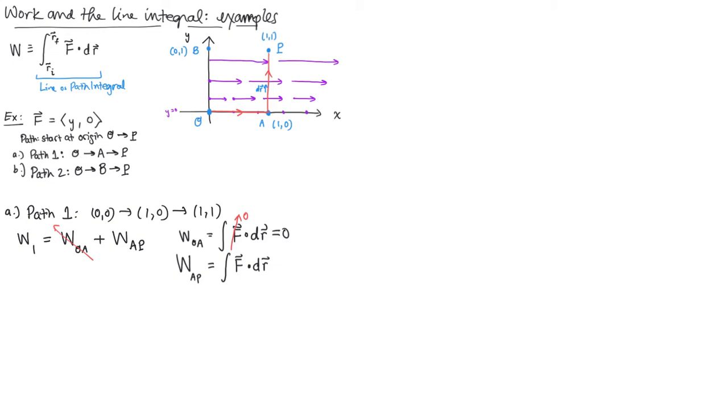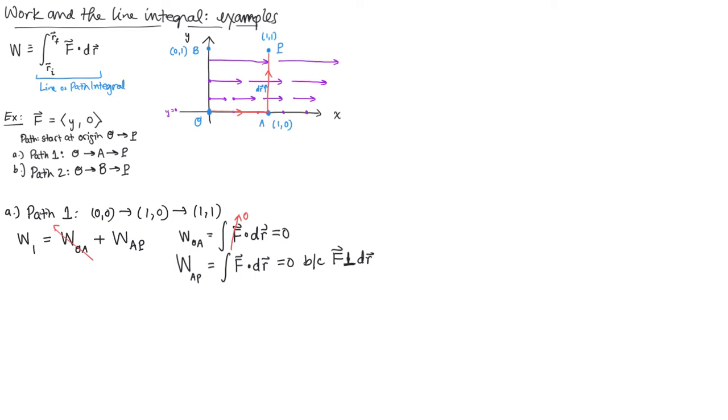That's always in the y direction, and the force always points in the x direction. So those two are perpendicular to each other, and that work is also going to be 0. This time it's 0 because everywhere along this path, F is perpendicular to dr, so the dot product is 0.